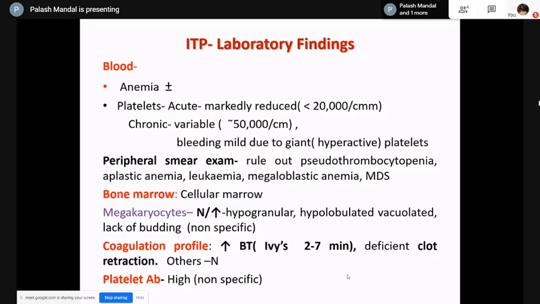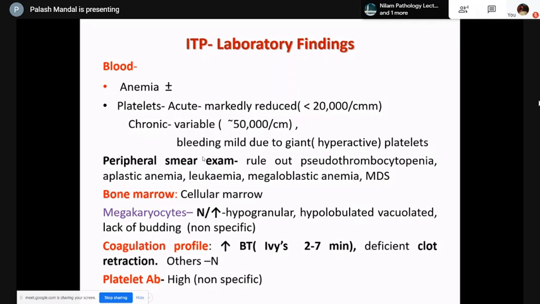And in chronic cases, as I have told you, the body tries to acclimatize itself. The count may be variable. It is usually around 50,000 per cubic millimeter, not cm. It is actually cubic millimeter or per microliter. These days the microliter is preferred over cubic millimeter. Okay, so this is not cmm.